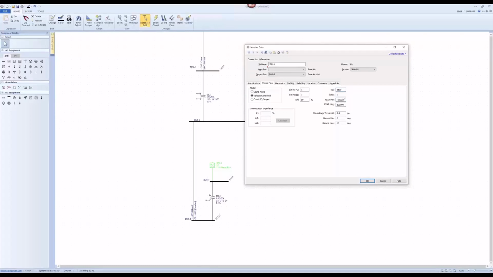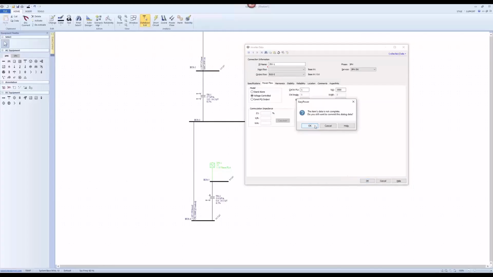And for my kilovar, I would say multiply by 0.5. That's about 90% power factor, right? So you multiply your kilowatt by 0.5, which is about 1,800 kilovar. And that's all you need.